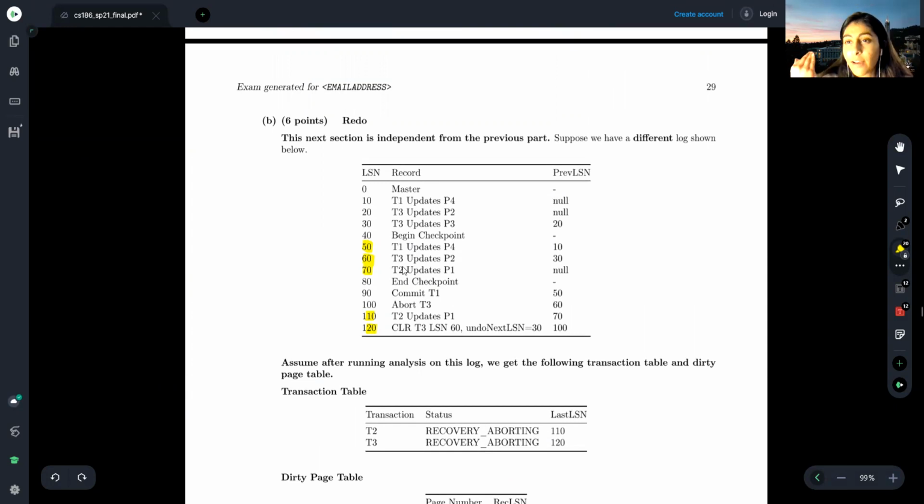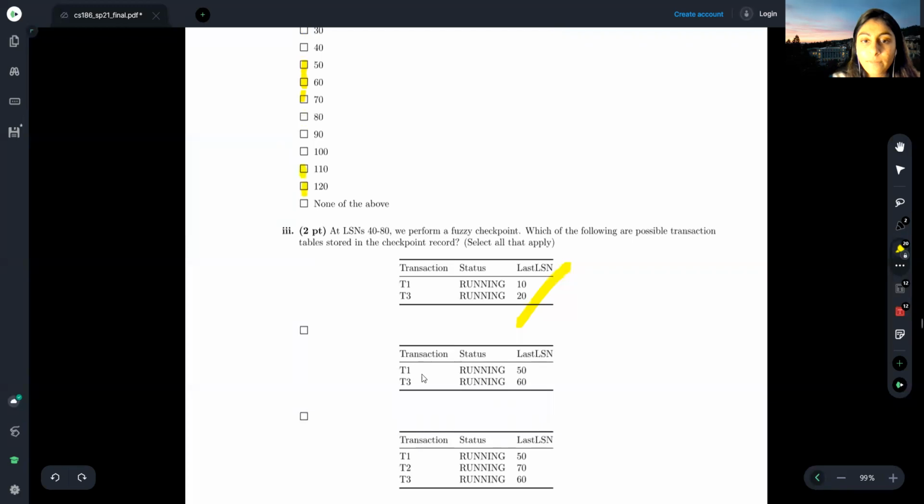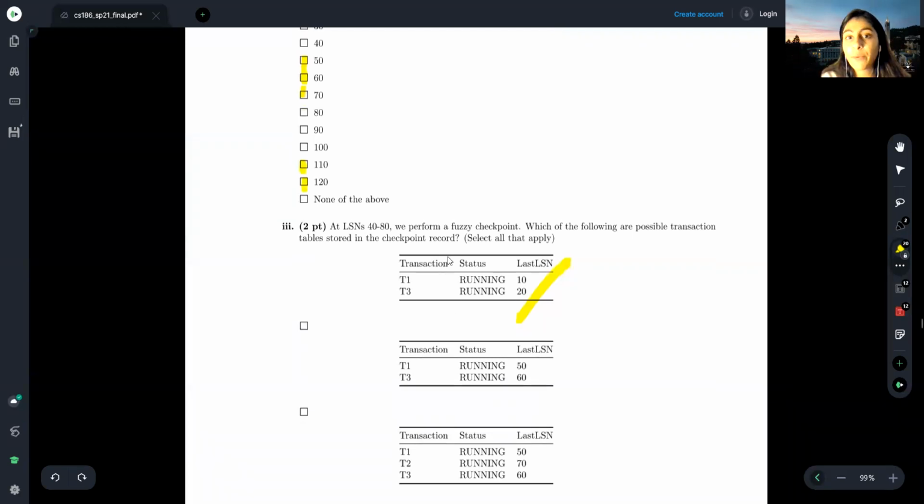The first record associated with transaction 2 is at LSN 70. It's completely possible that transaction 2 hadn't started yet, so we didn't need to include it in our transaction table at that checkpoint, because we're doing fuzzy checkpointing. Some information could have been dropped in between the begin and end checkpoint.